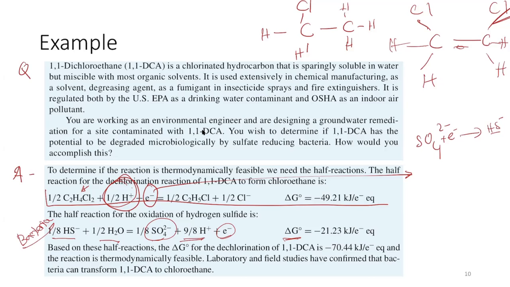So first of all, you see that's a negative free energy. That means it can occur, but you need that much energy. But if you see, this one is less free energy. So based on these half reactions, if you combine them together, delta G for this reaction would be 49 plus 21, around minus 70. Okay. The reaction is thermodynamically feasible because of the negative free energy. That's the reason it says thermodynamically feasible.